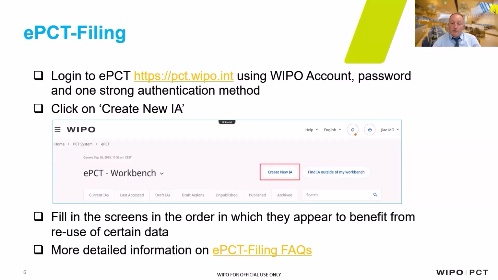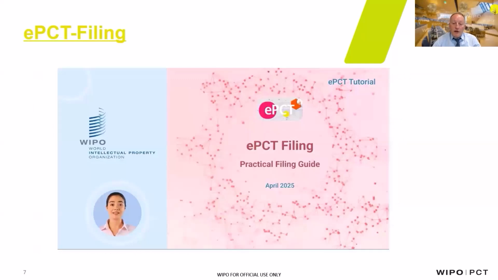Then you will fill in the screens in the order in which they appear in order to benefit from the reuse of certain data. We have also detailed instructions via our ePCT filing FAQ. We also have detailed instructions via an ePCT tutorial video.